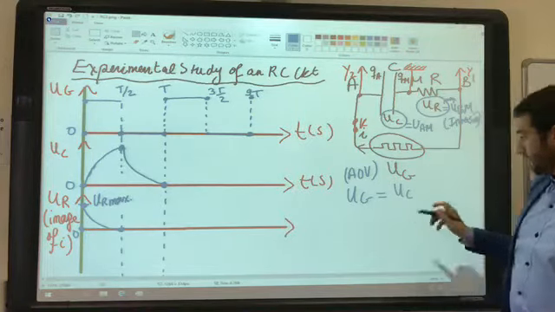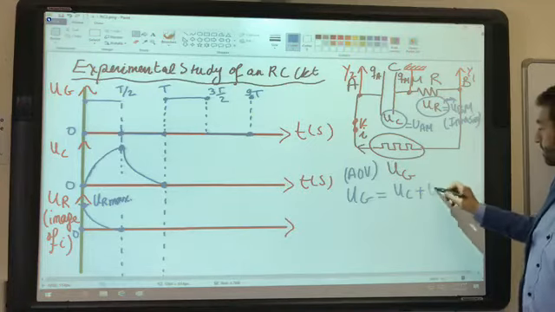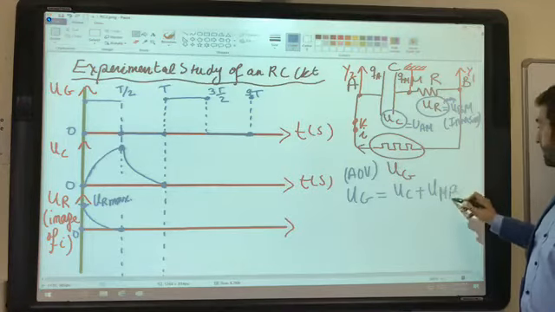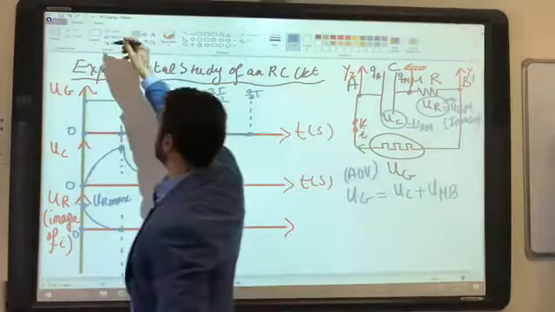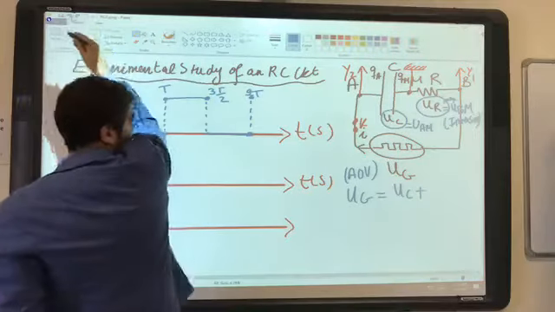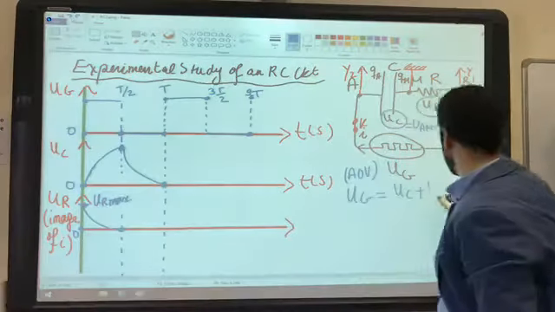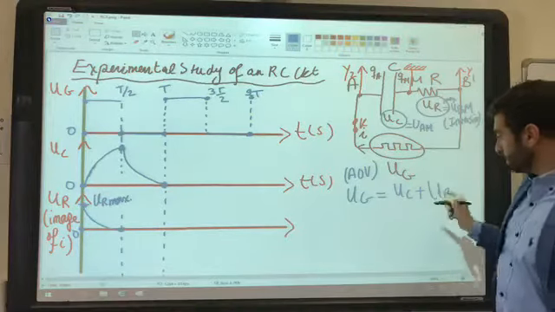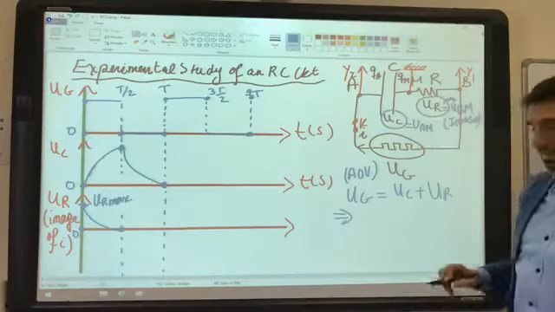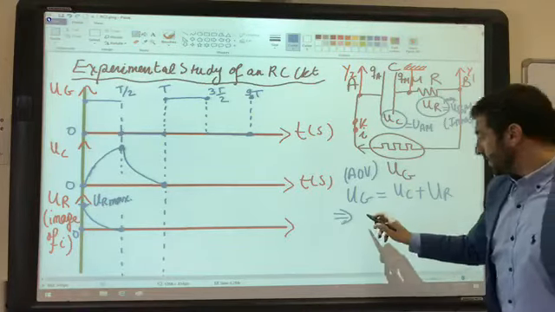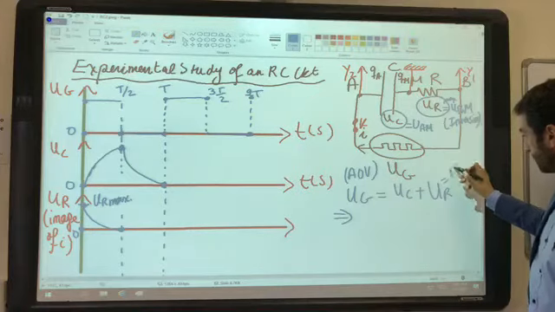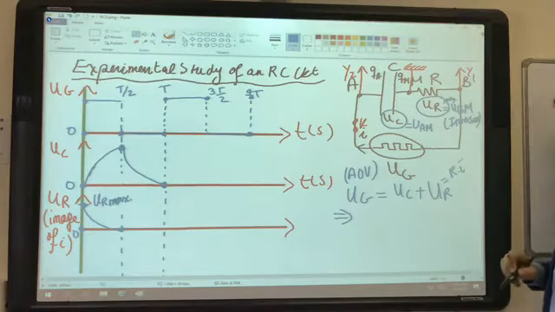Use the inversion. So U of C plus U of R, as long as we have U of R. This means that U of R is Ri, right?